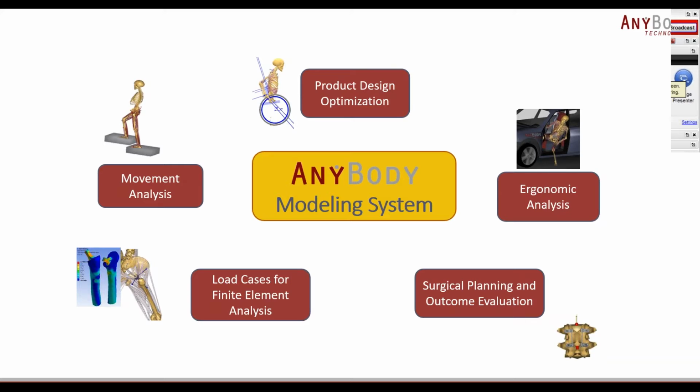The next one, product design optimization, where you can, for example, optimize your prototype or product together with the human body. So you can, for example, find the optimal product dimension by minimizing a certain internal force or muscle activity. A bit of the same goes for ergonomic analysis, where you can study how your product or a certain task affects the body.